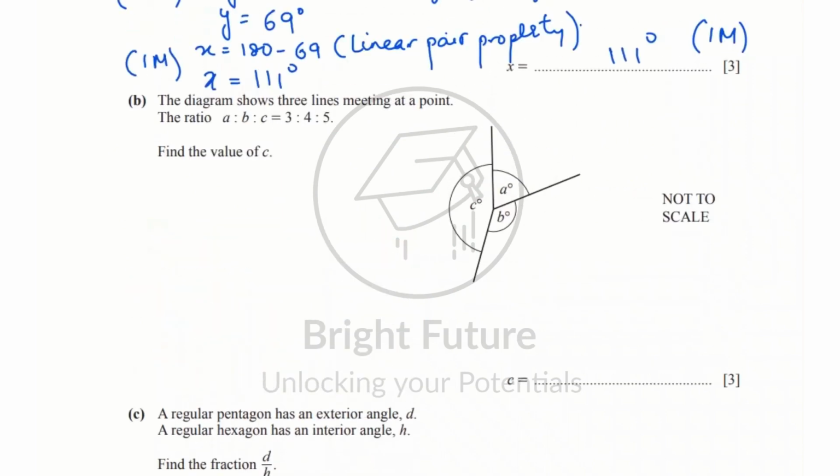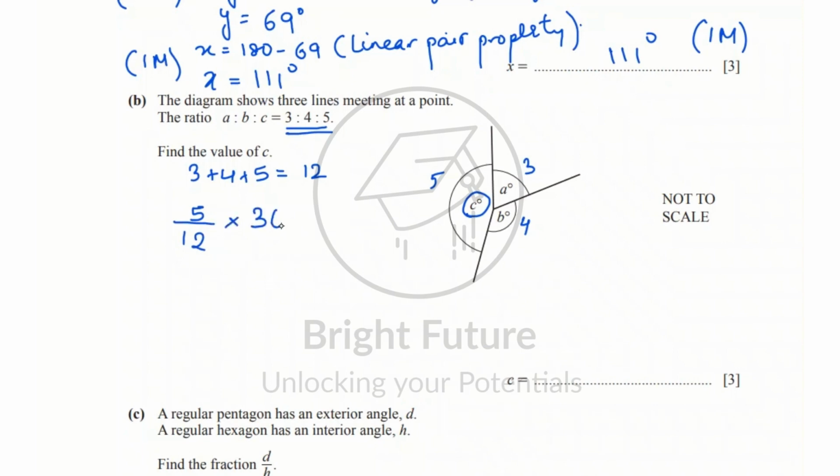Okay, the diagram shows 3 lines meeting at a point. The ratios of the angles A, B, C are 3, 4 and 5. Find the value of C. Add all these: 3 plus 4 plus 5 gives you 12. Since you have to find only C, take 5 upon 12, the fraction, multiplied by the total.